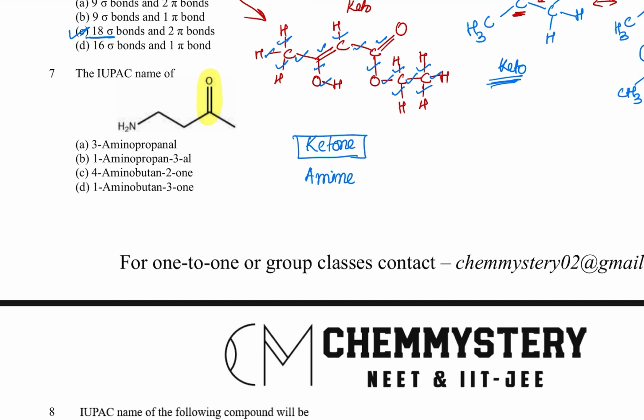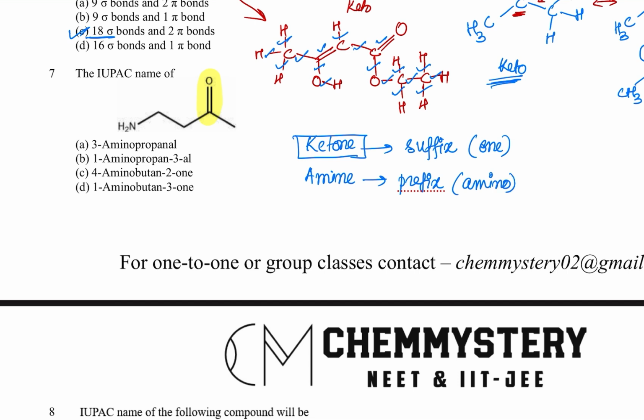So whichever gets more priority is written in the form of suffix. So ketone, when written in the form of suffix, we write it as -one. And amine is written in the form of prefix because of the less priority. So we write it as amino.